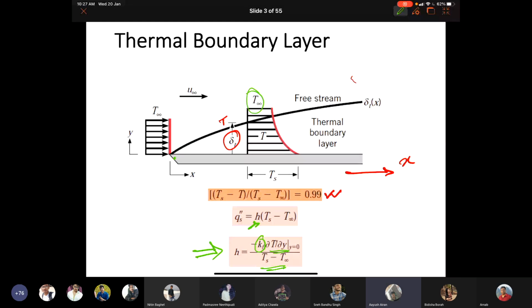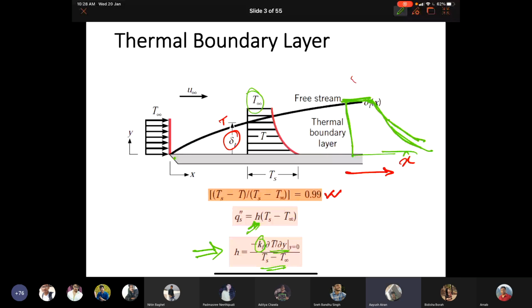Here you have one profile, and when you go there, you have a temperature profile which changes. Because of which, when you are considering an area, you define H as an average quantity, H bar. This particular H is the local one, for one position of x, a specific temperature profile.